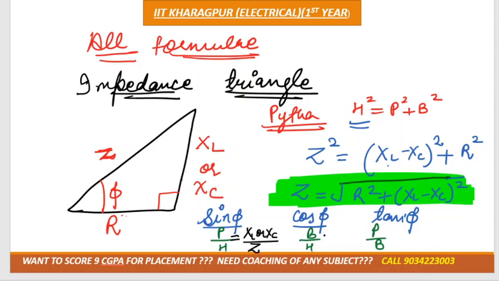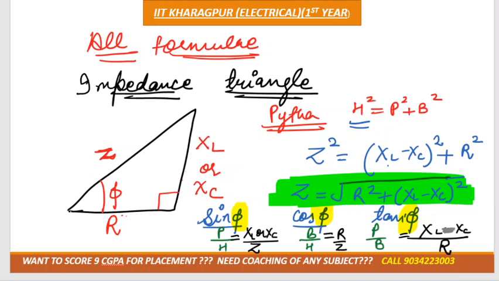H is Z. Cos phi is R by Z. Tan phi is (XL minus XC) divided by R. Correct? So from here, can we get the value for phi? Phi would be equal to sine inverse of (XL minus XC) by Z, cos inverse of R by Z, tan inverse of (XL minus XC) by R. Correct?